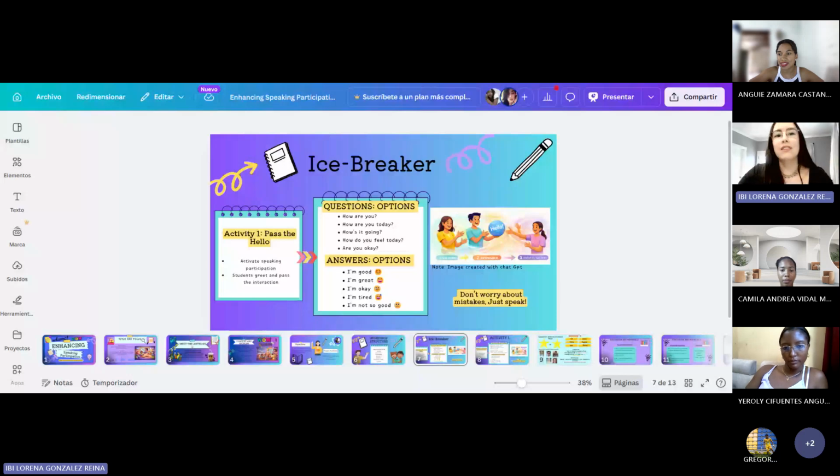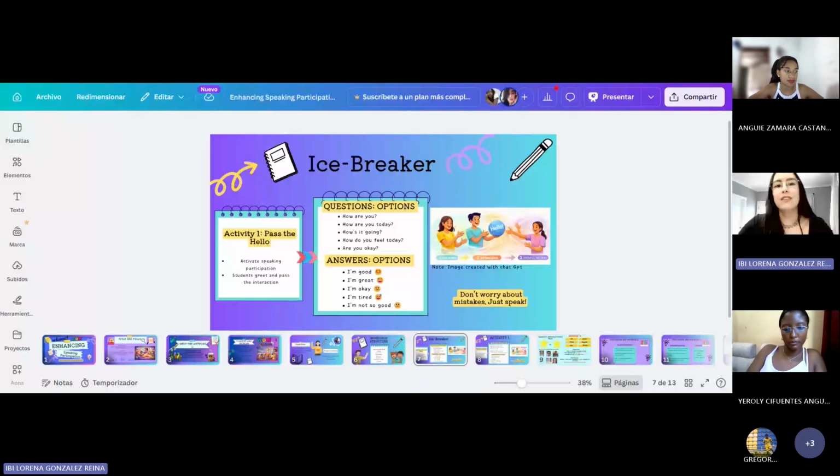As you can see, this simple activity is designed to create a friendly and low-pressure environment at the beginning of the lesson. It's a good icebreaker. Pass the Hello encourages students to interact with their classmates by greeting, asking, and answering simple questions that can also be related to everyday topics such as food and personal preferences.